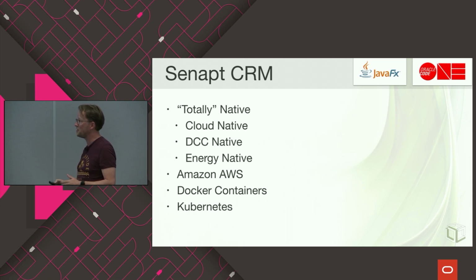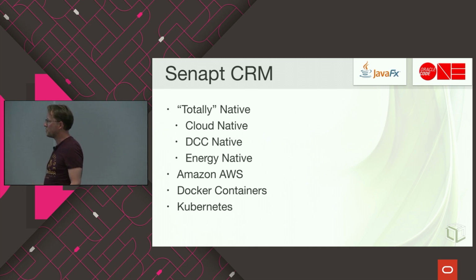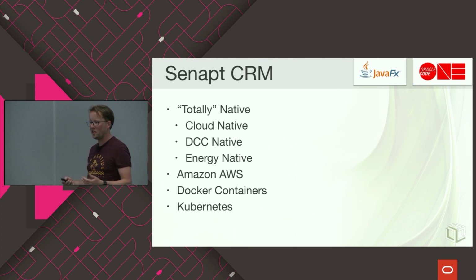So it's really tailored to their needs, okay? It runs on Amazon AWS and deployment is via Docker containers and Kubernetes. So just because it's a JavaFX application does not mean that you cannot write a cloud application, right? The front end of a cloud application doesn't have to be a web page.